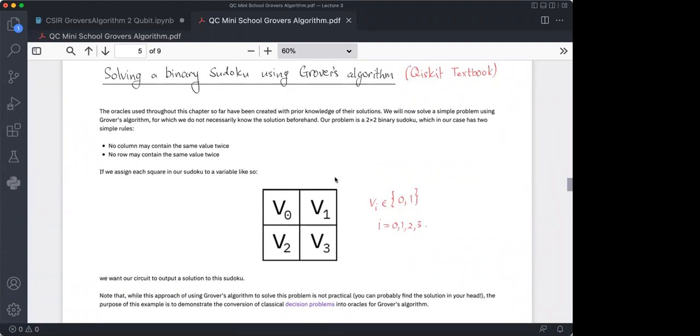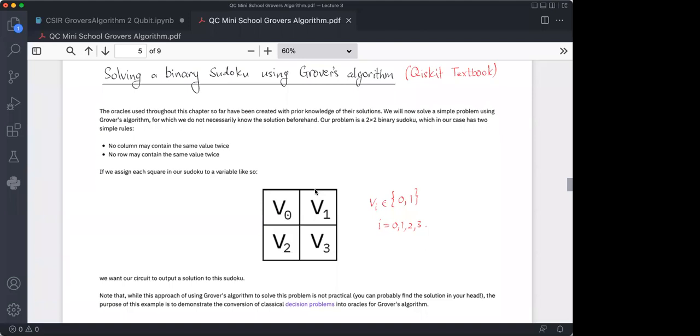So let's consider just a 2x2 binary Sudoku. It has very, very simple rules. No column can have the same value twice, and no row can have the same value twice. It's called a binary Sudoku because all these variables V0 to V3 can only be 0 or 1.